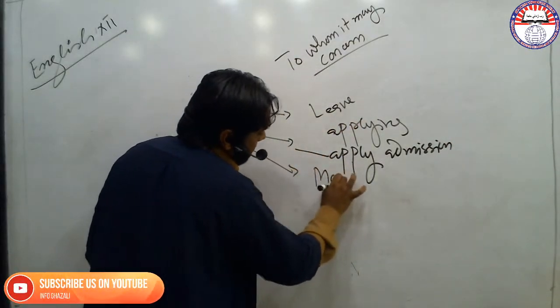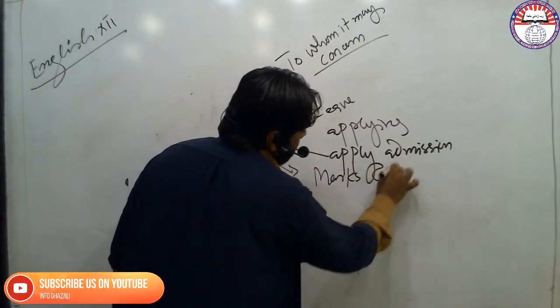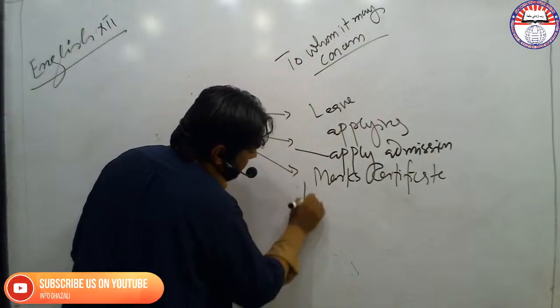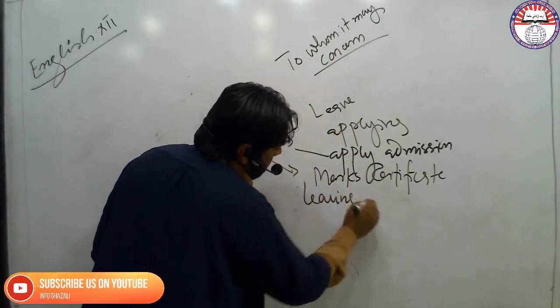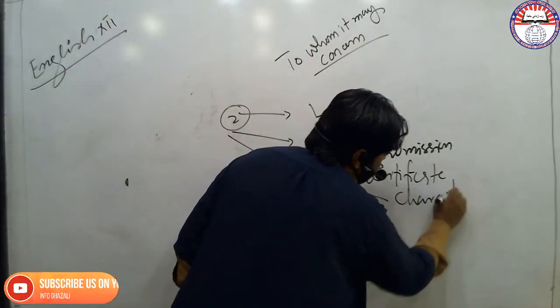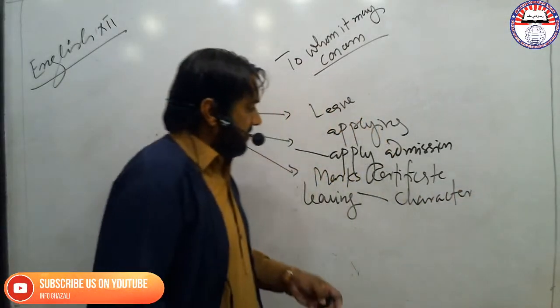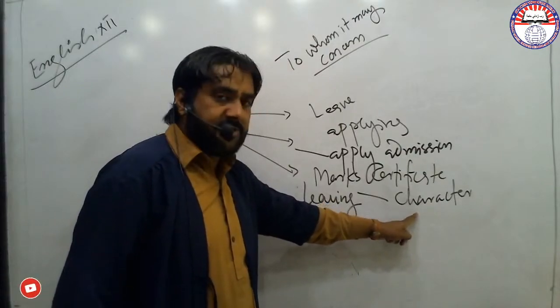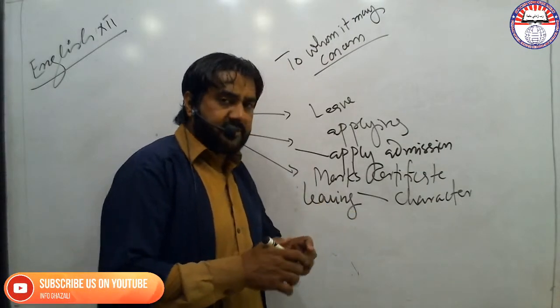Okay, I need a mark certificate. Okay, I need a leaving certificate. Maybe you need a character certificate from that institute, because that is also one criterion, whenever you intend to get admission at different universities.